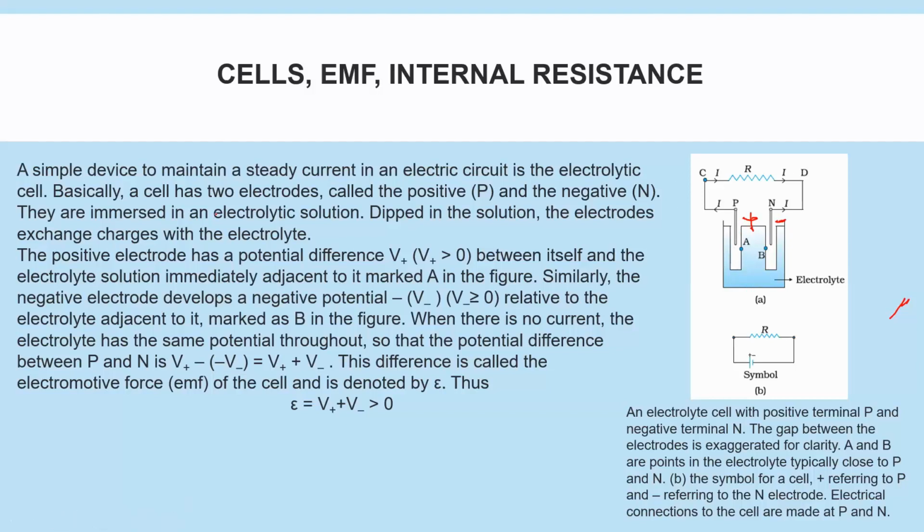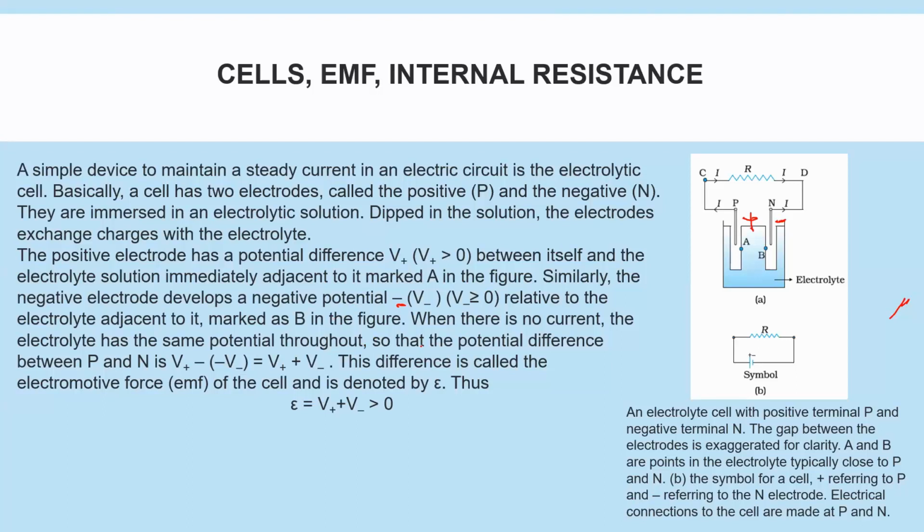You can see that the positive electrode has a potential V positive that will be more than 0 because it's positive, and similarly your negative electrode has a potential, V negative. Since we are considering the negative sign, the V negative could be 0 or more than 0. In total the N electrode will have negative potential, relative to the electrolyte.